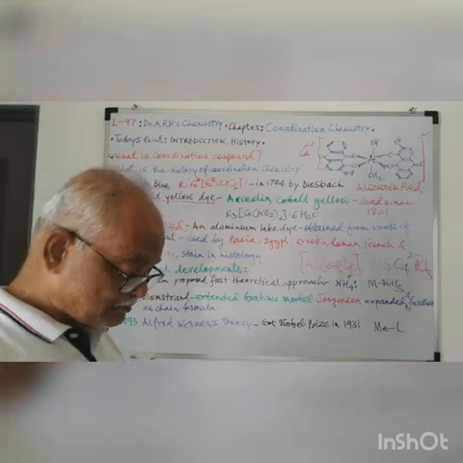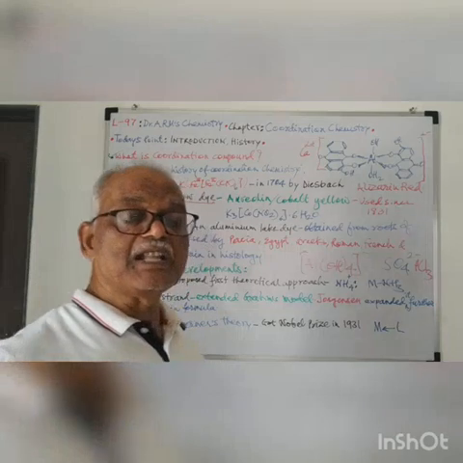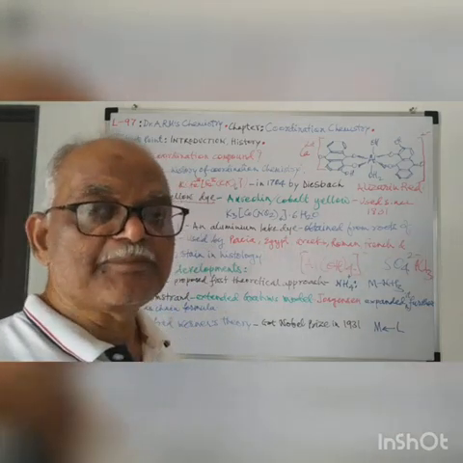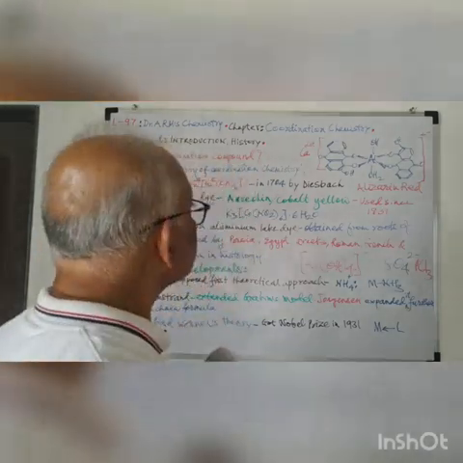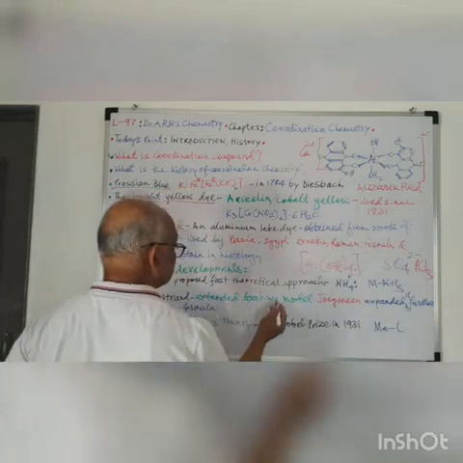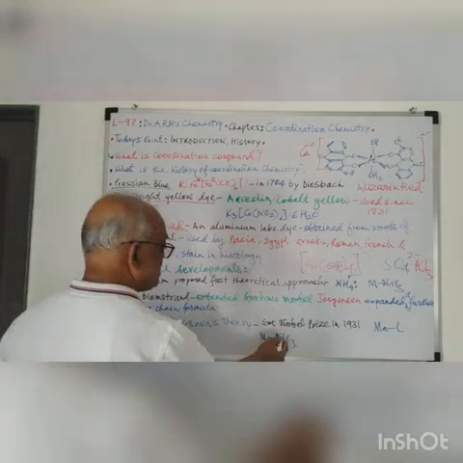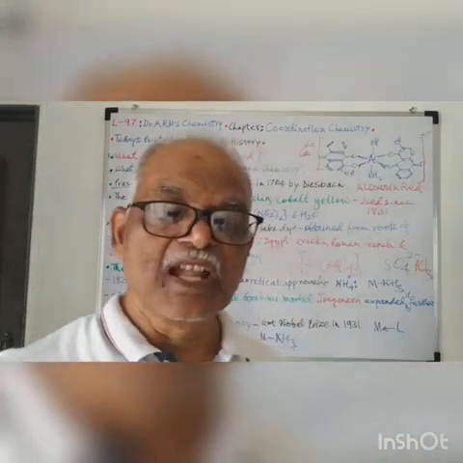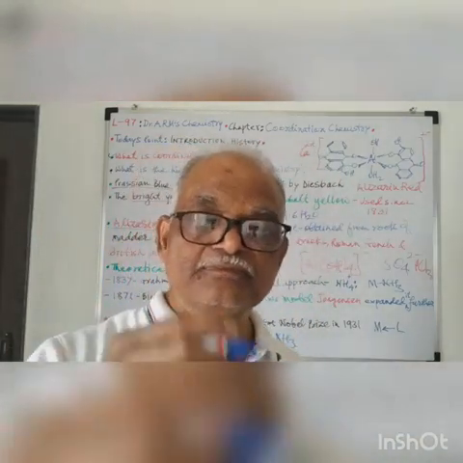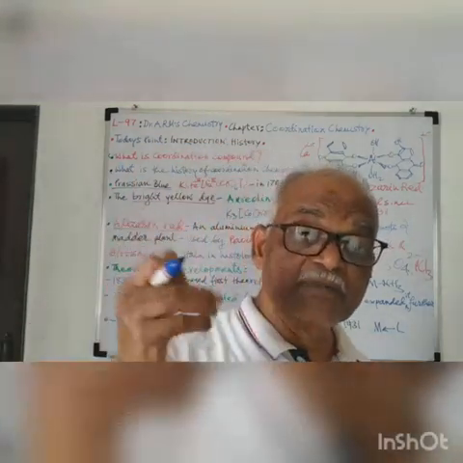Later on, another scientist in 1871, that is Blomstrand, extended this Graham's concept, in which he said that in the ligands containing ammonia, the nitrogen has, according to him, the lower valency -3 and higher valency -5.